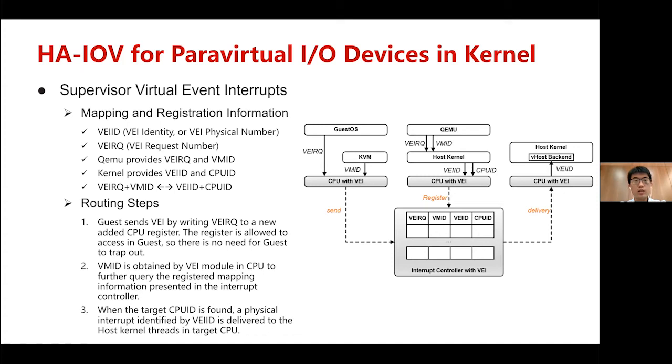Then the VID is obtained by the VI module in the CPU to further query the registered mapping information present in the interrupt controller. Finally, when the target CPU ID is found, a physical interrupt identified by the VID is delivered to the host kernel threads in the target CPU.